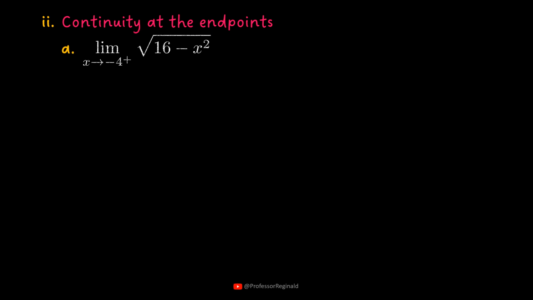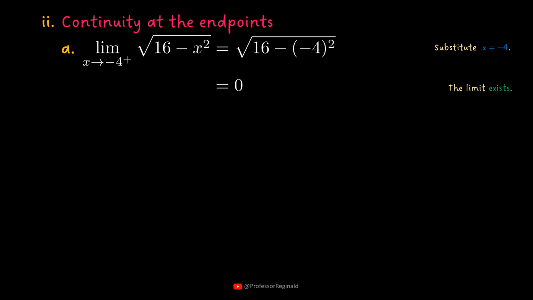Second, continuity at the endpoints x equals -4 and x equals 4. A. Evaluate the limit from the right at x equals -4. Because the limit of f of x, as x approaches -4 from the right, can be calculated by direct substitution, f is continuous from the right of -4.